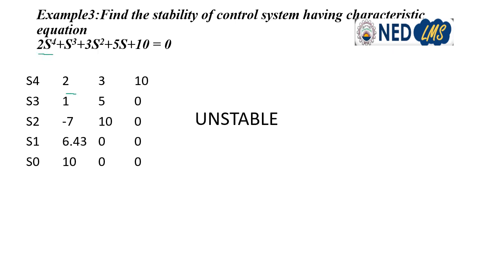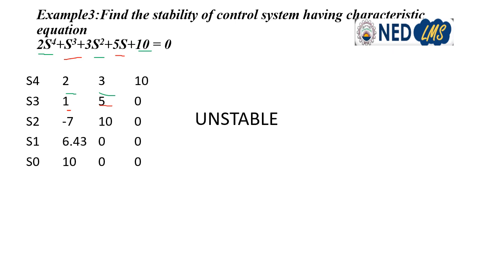The alternate is s squared, coefficient is 3, then 10, and then the coefficient here is 1, and the alternate is 5. So we have filled the first two rows by using the coefficients, and then we have calculated the remaining in the same fashion we have discussed in detail in the previous examples.